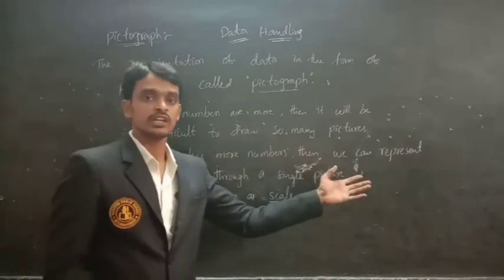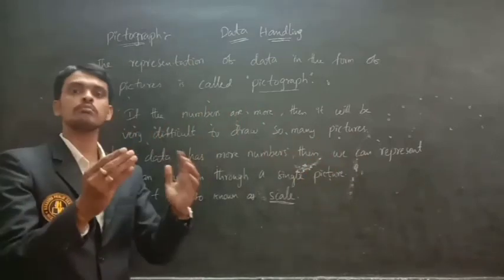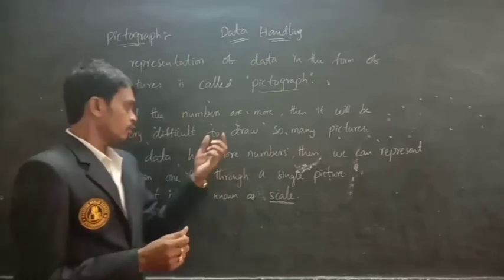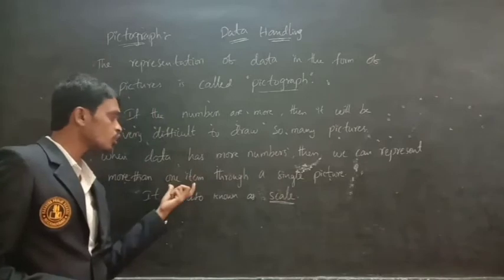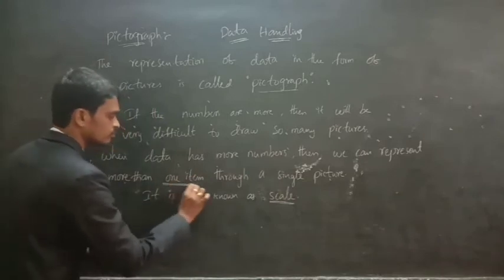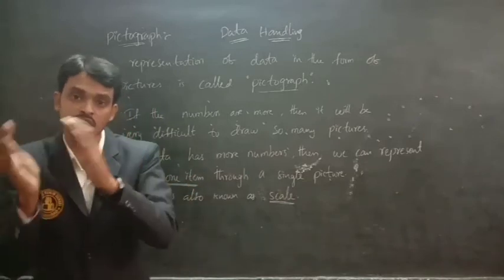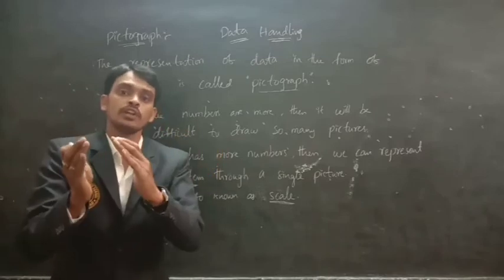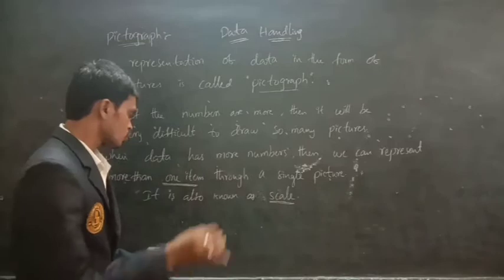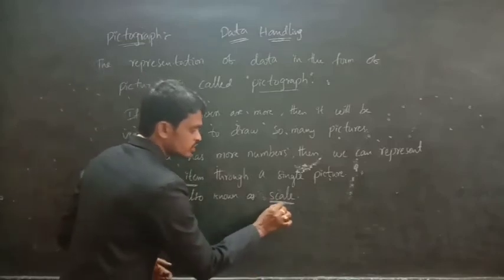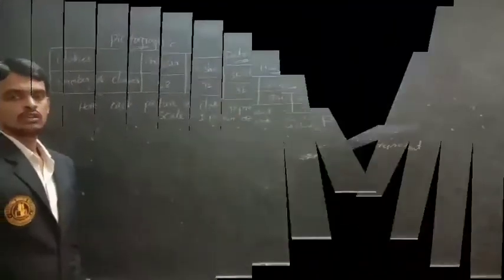We will represent the larger number of data by a single picture to represent more than one item. By using the same single picture, we will show more than one item. It is also known as a scale.